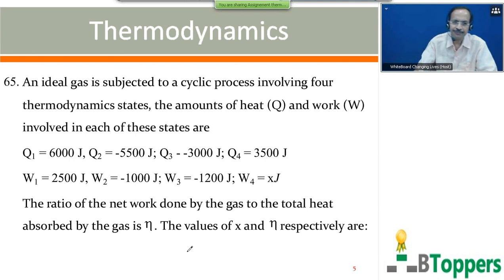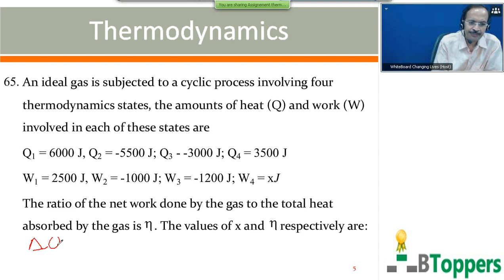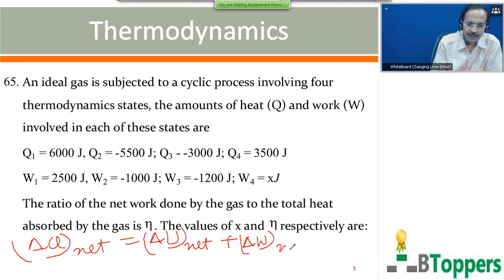The values of X and eta are, as I discussed earlier, in applying first law of thermodynamics, the net heat energy absorbed by the gas for the complete cycle equals the net change in energy of the gas for the complete cycle, plus the net work done by the gas during the complete cycle.